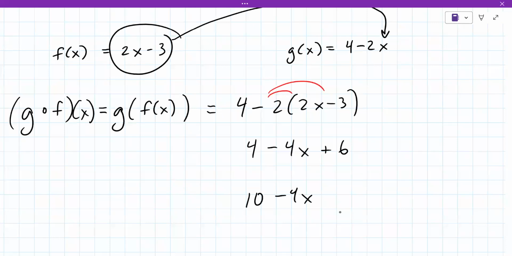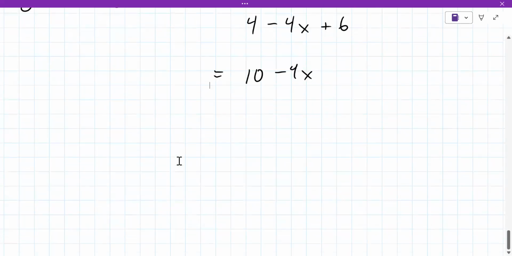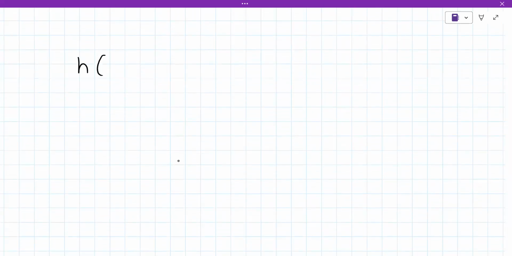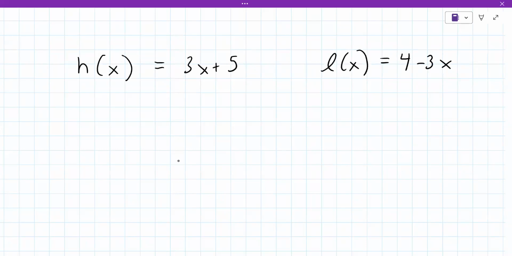Okay. All right. So I'm going to give you two functions and ask you to do the same thing before we move on to some more complicated problems. But any concerns or anything you feel like you might not be able to do with this? So far I think I'm good. Okay. So we'll do different functions here. We'll go h of x equals 3x plus 5 and L of x equals 4 minus 3x.